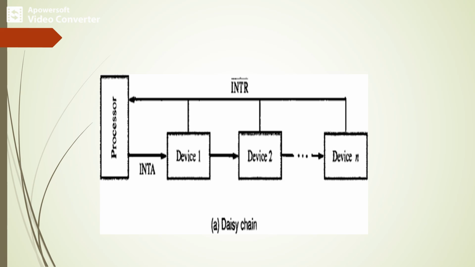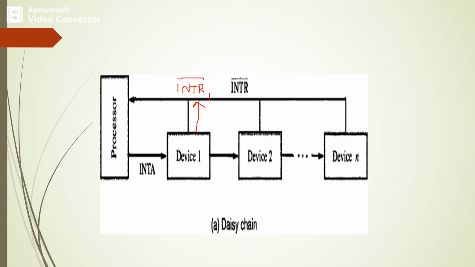Here the daisy chain arrangement of devices is considered in the diagram. Suppose device 1 places its request on the interrupt request line, INTR1.